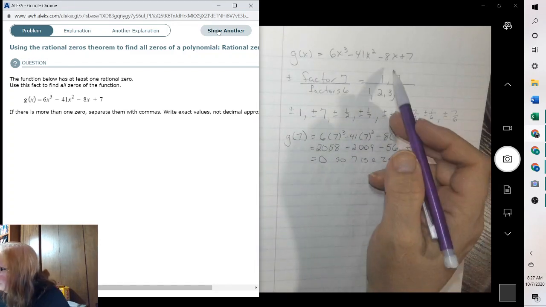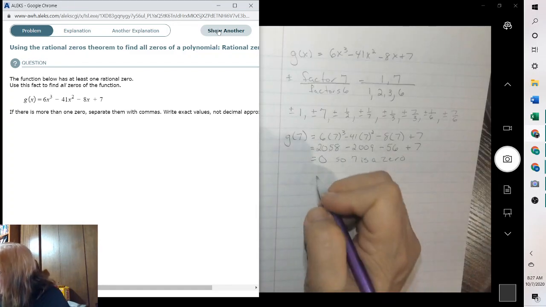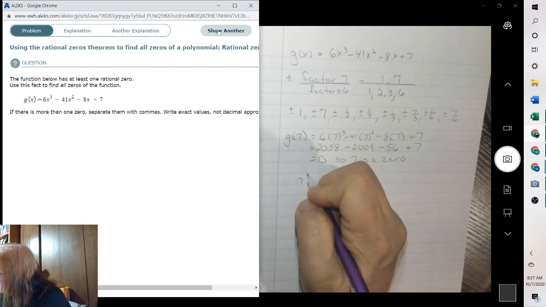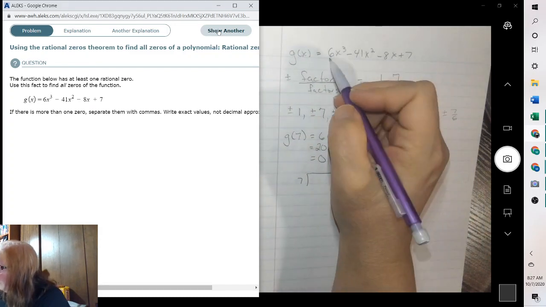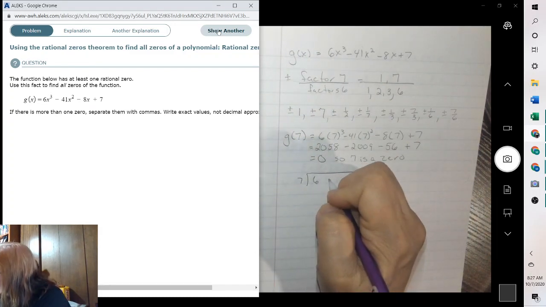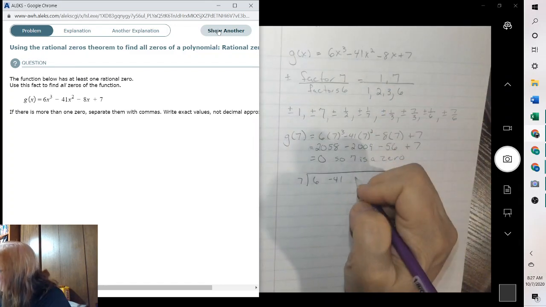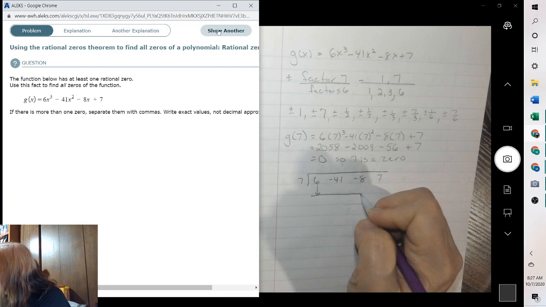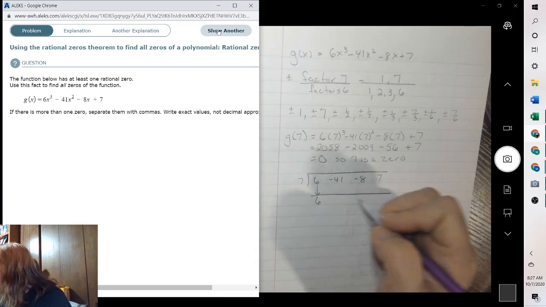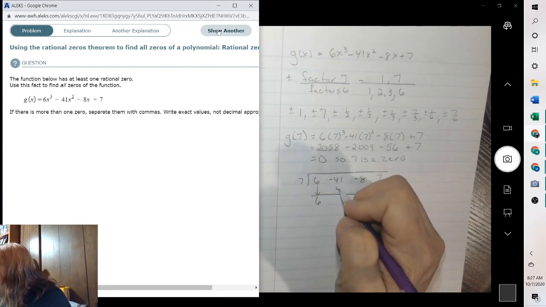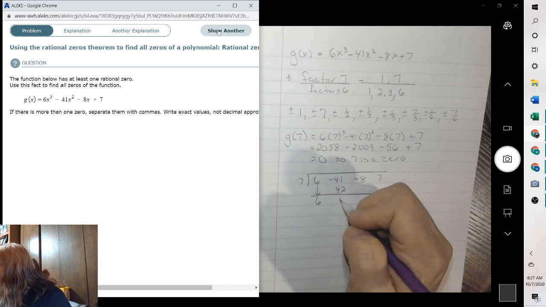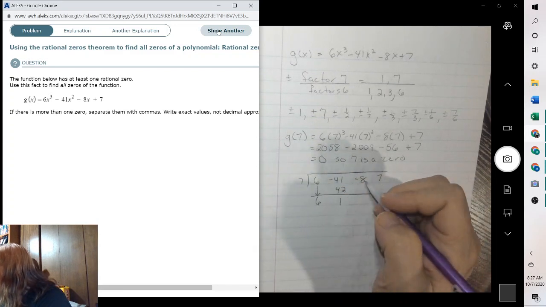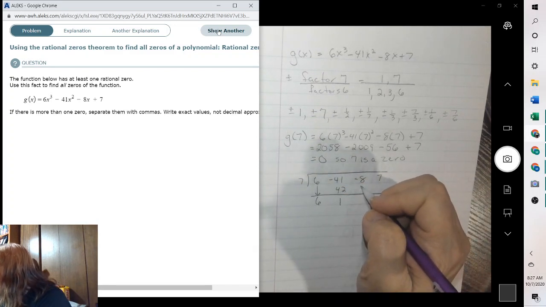Well, we can make this smaller now by dividing by that 7. So we have 6 and negative 41, negative 8, and 7. First thing we do, bring down the 6. 6 times 7 is 42. Adding down, we get 1. 7 times 1 is 7.